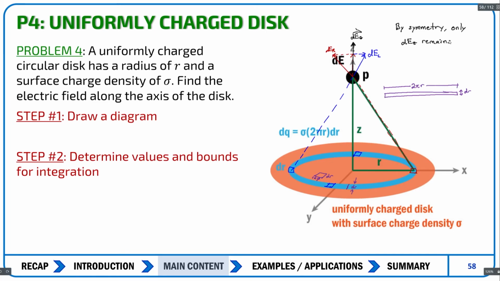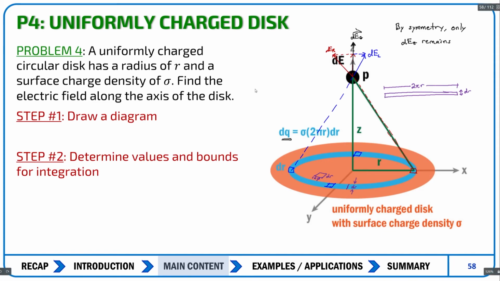Now, when we're dealing with integration, we want to find the easiest way to get to the answer. So each mini ring has a radius of r and has a charge of dq. So we can consider one entire blue ring to have a charge of dq, and it's going to be sigma, the surface charge density, multiplied by the area.